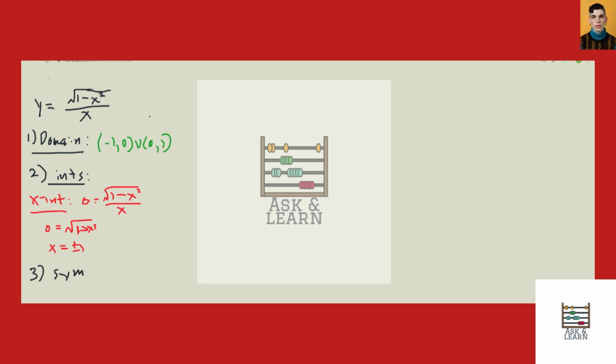So now symmetry. Any kind of rational function like this, we don't really normally think is going to be periodic. So let's check what f of -x is to see if this function is even or odd. We're going to have the square root of 1 minus (-x) squared. Squaring a negative is just going to be positive, so that will just be x squared, all over -x.